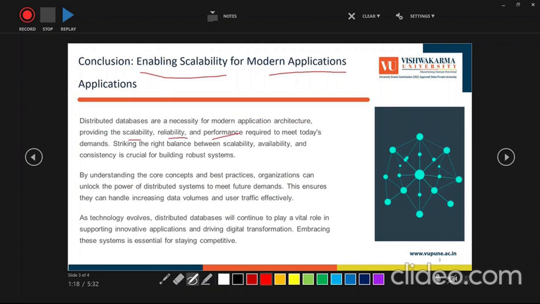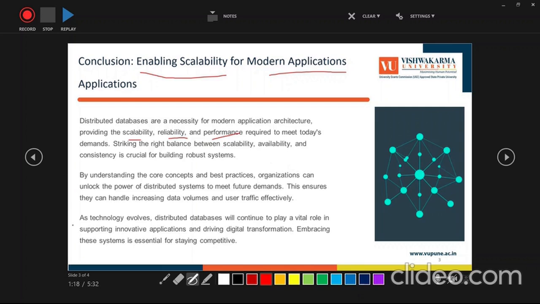Okay, so there is a balance between all these terms like scalability, availability, and consistency. After that, we understand core concepts and best practices to unlock future demands and distribute that particular system, meaning we handle a large amount of data and user traffic effectively.